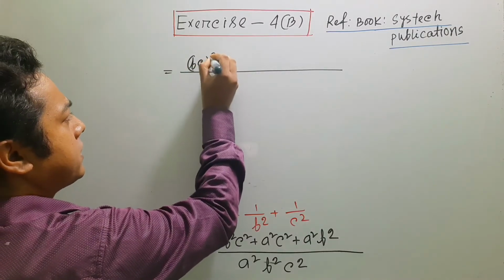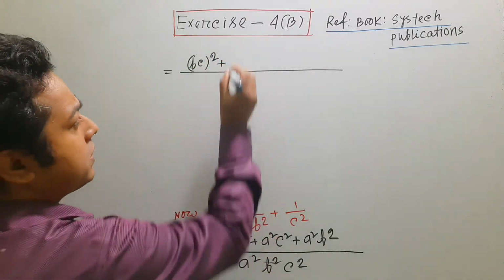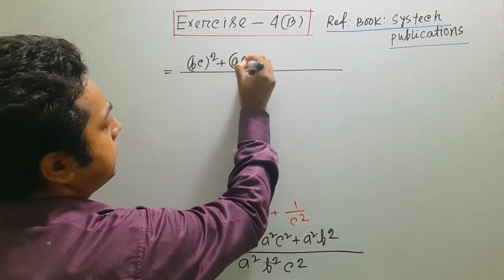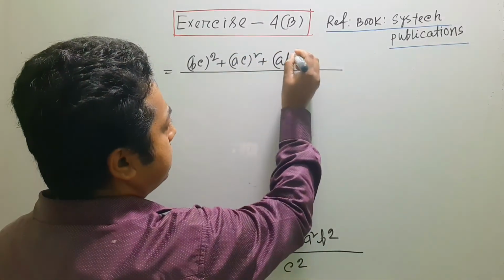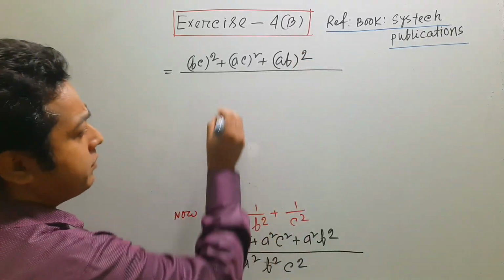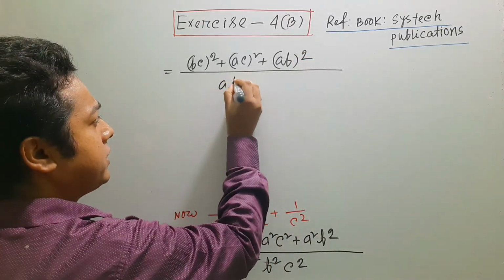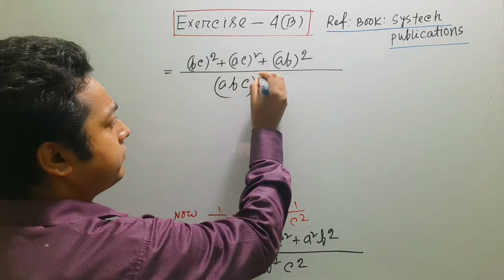That is bc whole square plus ac whole square plus ab whole square, and a square plus b square plus c square we can write as (abc) whole square.